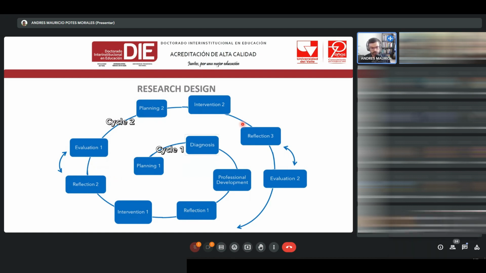And then we have the second cycle, which is basically the same as cycle 1, but taking as reference the whole experience to improve the second intervention and the whole practice of the study.